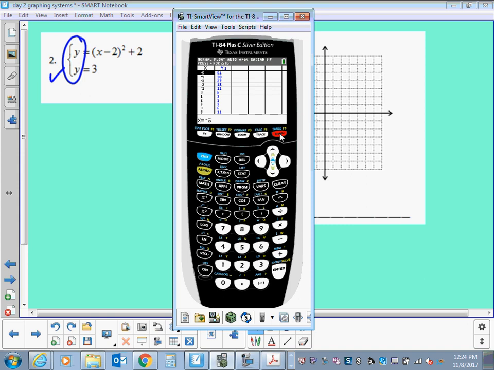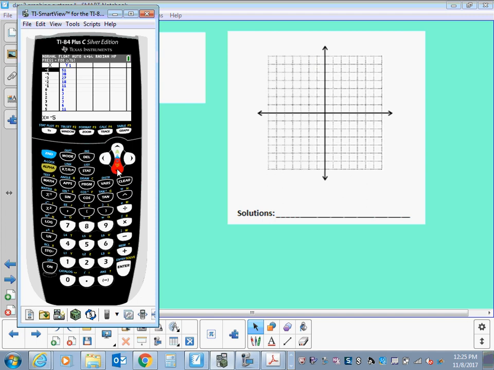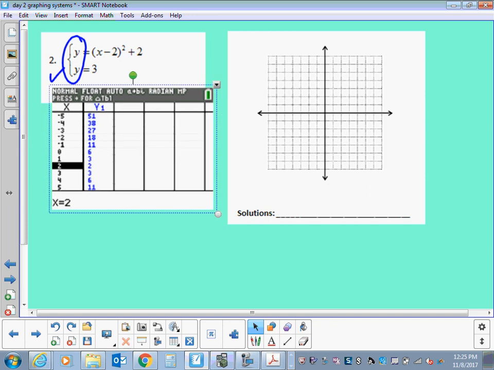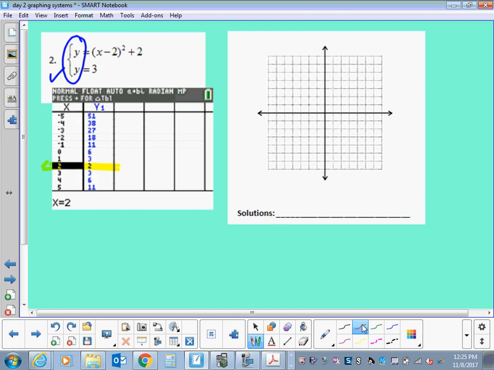If you don't want to write the points to your paper, that's perfectly fine. I'm going to move it over here so you can see. So 2, 2, what I have highlighted here, that's my vertex. So we typically start there, and then we can just pick 2 points above, 2 points below.